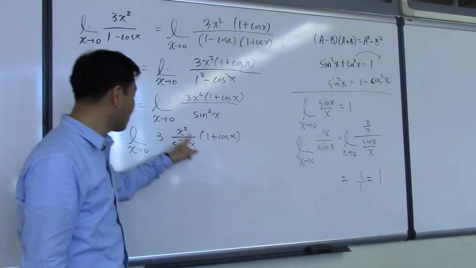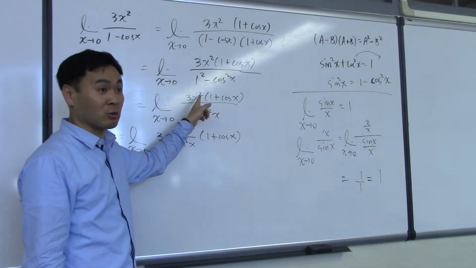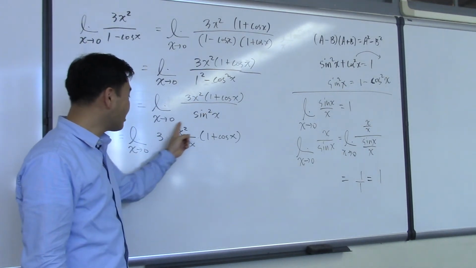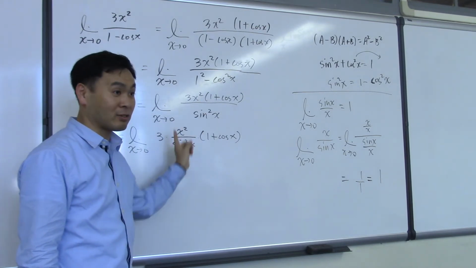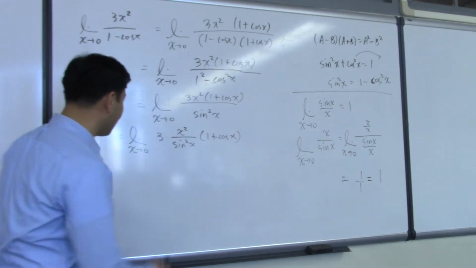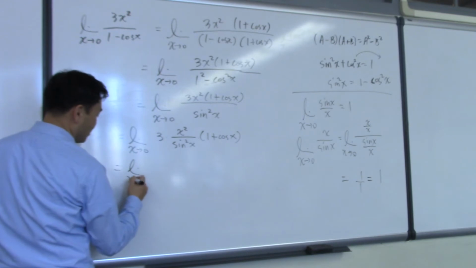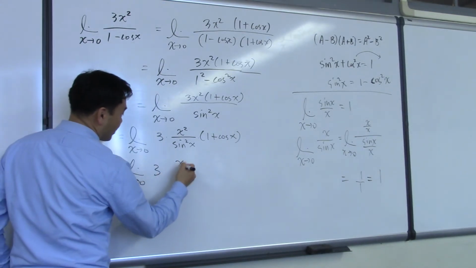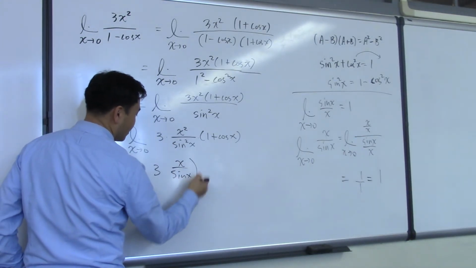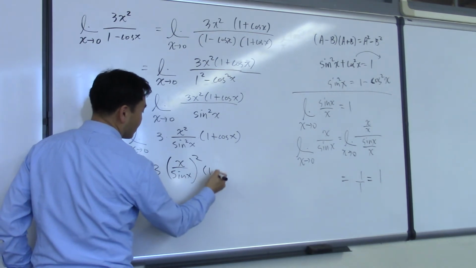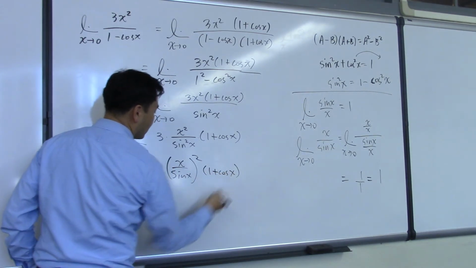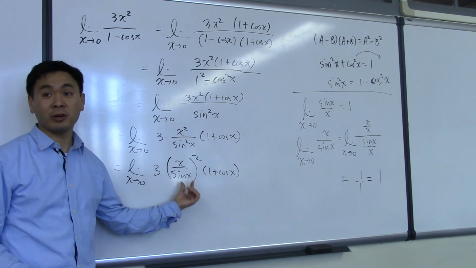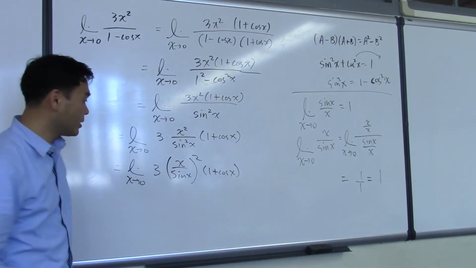So if you multiply these, you get back to the original thing, right? Now, why did I separate these from the rest? Well, because I know that this is the same as saying x over sine x, squared. So I know that this goes to 1. We just figured it out, right?